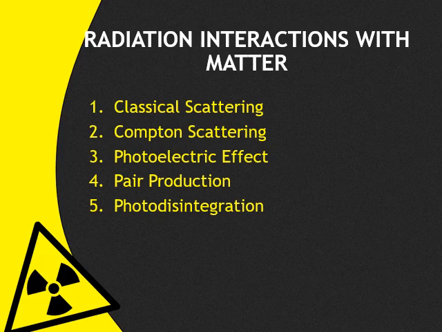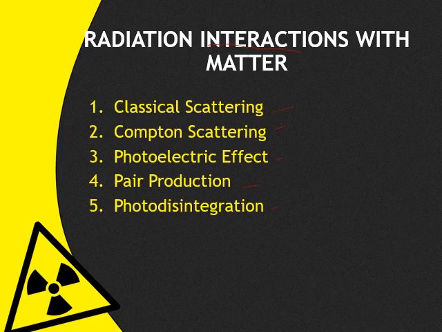These are the interactions that are important to us as rad techs. So we should be able to understand these 5, and I am going to discuss them in simple terms so that everyone can understand. So we have the classical scattering, Compton, photoelectric effect, pair production, and photodisintegration.